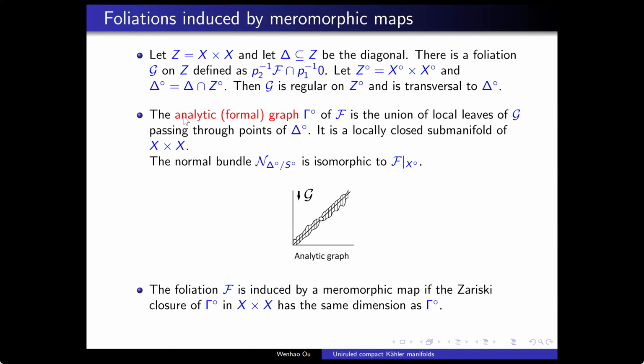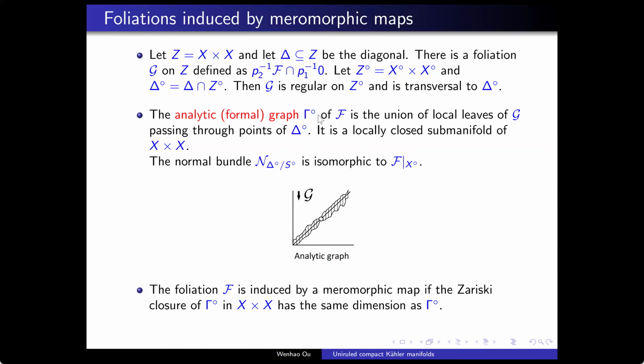Now, we call this the analytic graph or formal graph, gamma 0 of F. So the graph is defined inside the product. It is the union of local leaves of G passing through the points of delta 0. And it is a locally closed submanifold of X times X in the Euclidean topology.